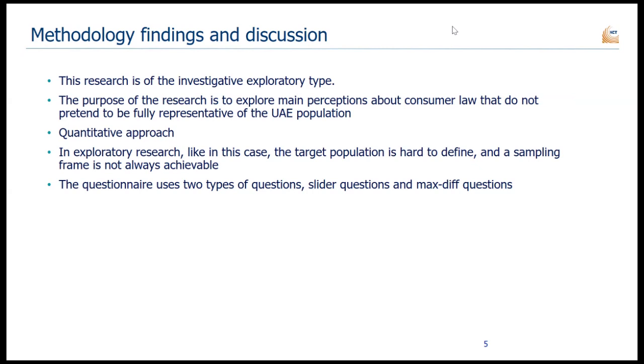We use a quantitative approach. In this research, the target population is hard to find, and a sampling frame was not always achievable. We used two types of questionnaire: a slider questionnaire and max diff questions as well.